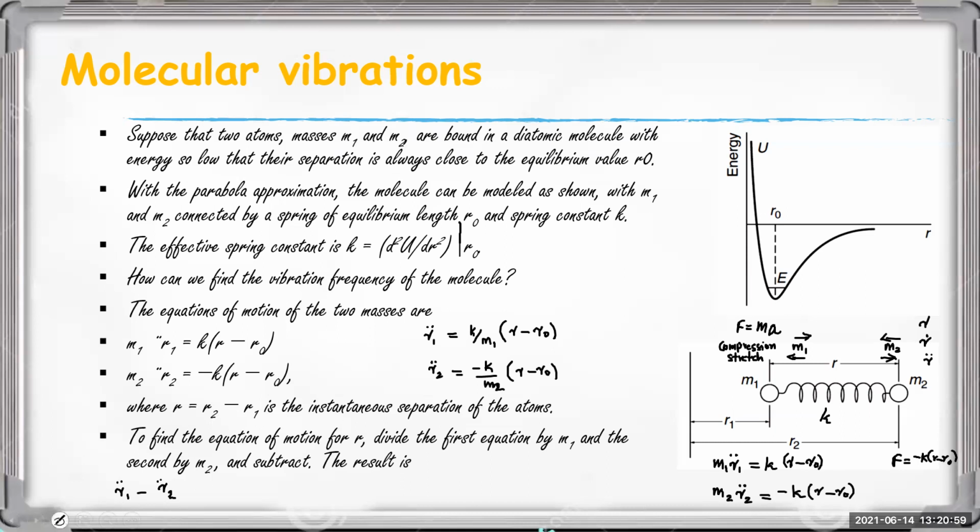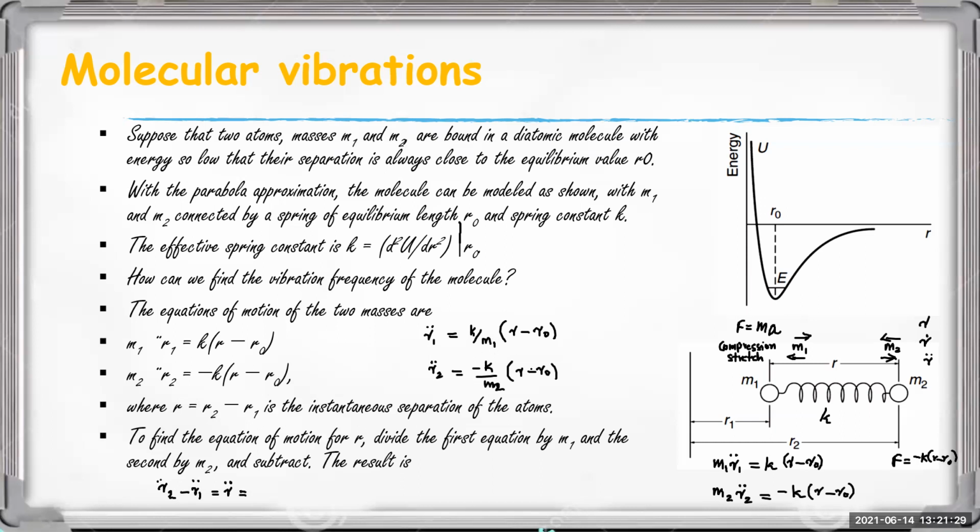So we have to write r2 double dot minus r1 double dot. That is equal to what? If we find the second derivative of this equation, then it must be equal to r double dot. So that is equal to this minus this.